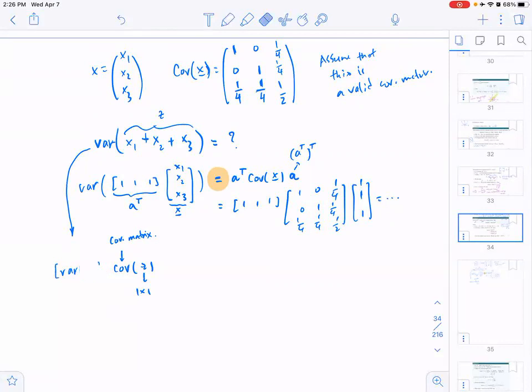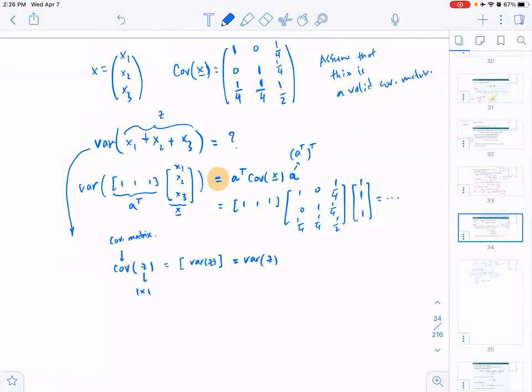So the covariance matrix of Z is a matrix with a single entry, which is just the variance. And something like this is just written as equal. A matrix with one element is just a scalar, and so I can use the same formula.